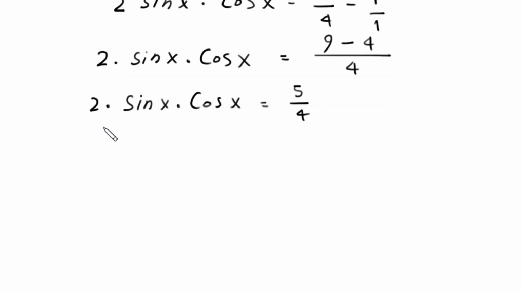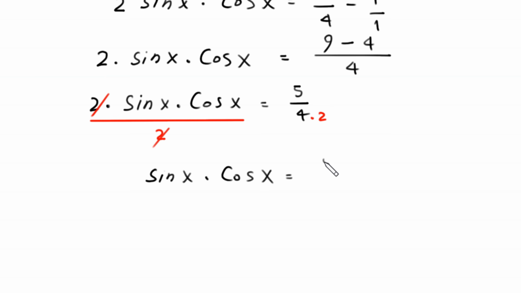Now we divide both sides by 2. So this 2 will be cancelled out and we are left with sin of x times cos of x equal to 5 over 8. Now we can write the denominator of this sin of x times cos of x as 1.